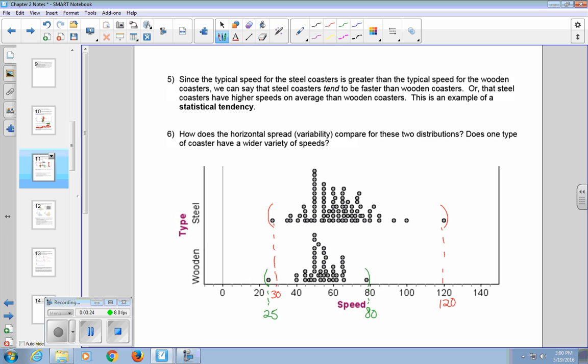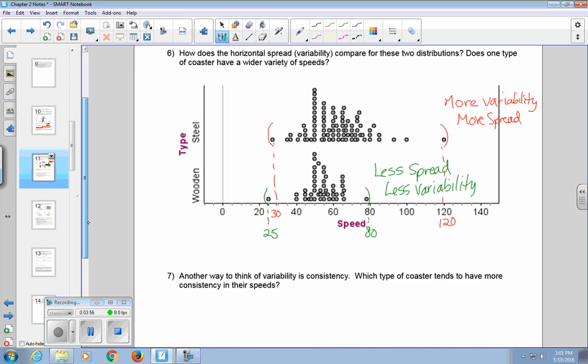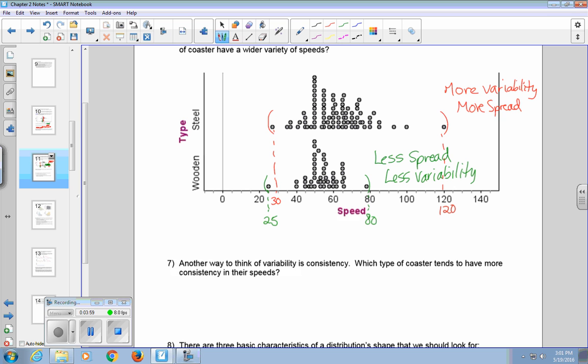All right, so what we can see is that there's more spread or more variability with the steel coasters because they have more spread relative to the horizontal axes. And on those same lines, we can say that the wooden coasters then have less variability or less spread. Okay, so another way to think of variability is consistency.